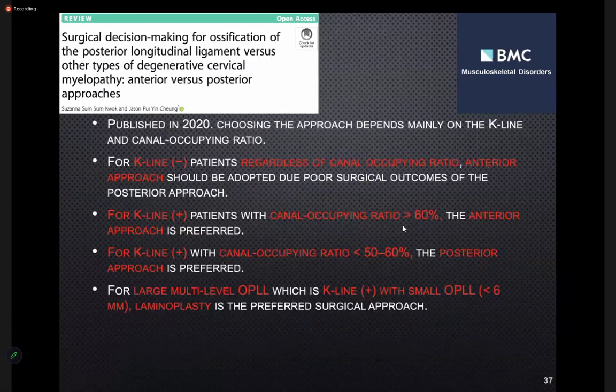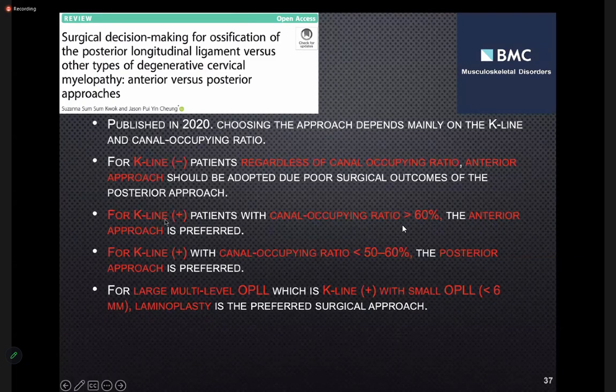And the last one is the review in 2020. This is a review on choosing the approach for the OPL patient. The main point is that for the patient with K-line negative, regardless of the canal occupying ratio, the anterior approach is the preferred approach.